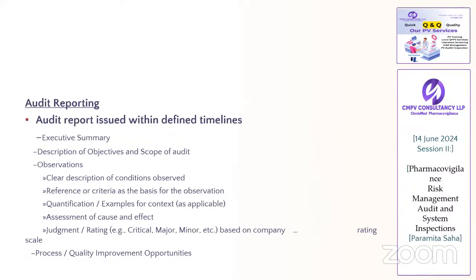Suppose he or she is saying that there is a loophole in a particular process. You need to provide the evidence: where the loophole is, how it has been detected, and the particular evidence, the document reference number. Suppose I've seen one document with a particular SOP title, there is a misquoted title ID, or there might be a spelling mistake.